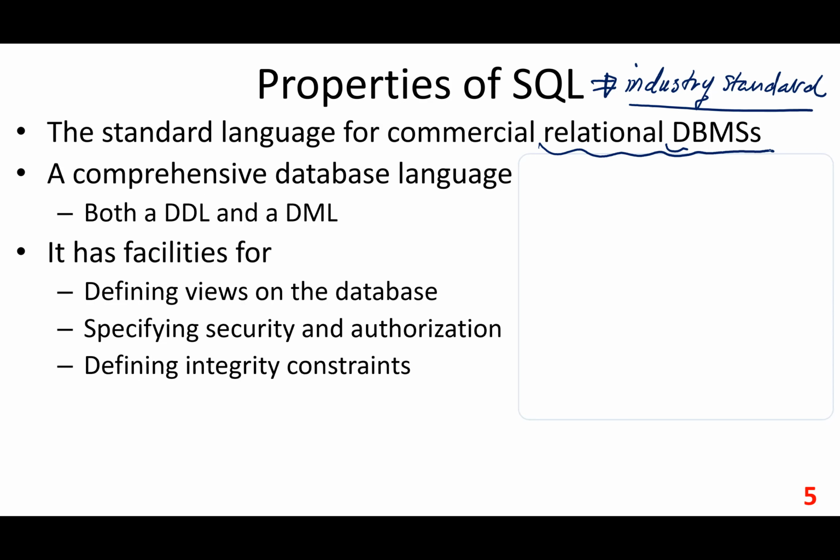Defining integrity constraints. We saw some integrity constraints before, I gave you four different types. You can define integrity constraints using SQL statements. Later, we will see some examples of how to define different constraints.